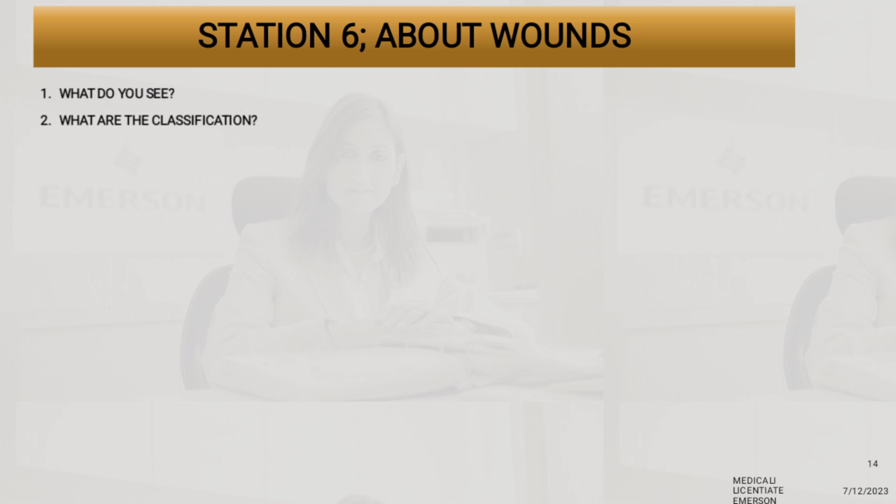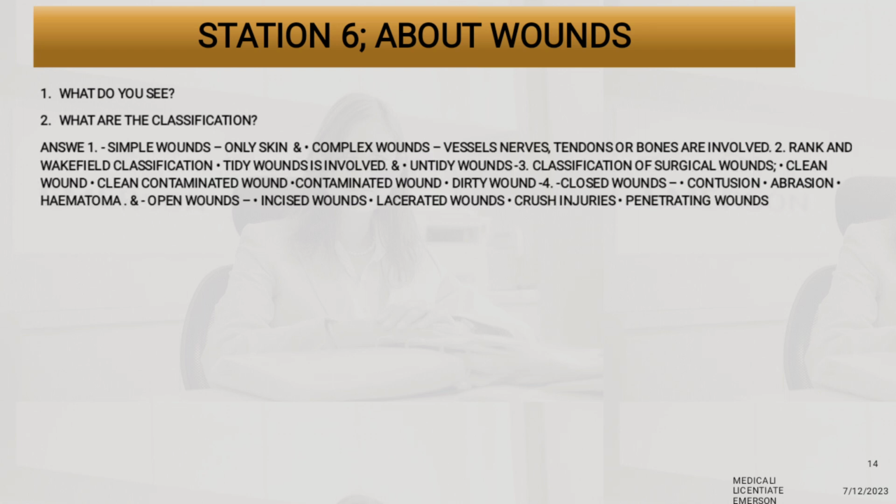Okay, so what are the classifications of wounds? Classification one: we can have a simple wound, where only the skin is affected, and complex wounds, where vessels, nerves, tendons, and bones are also involved. Classification two is the Rank and Wakefield classification, which classifies wounds as tidy and untidy wounds.